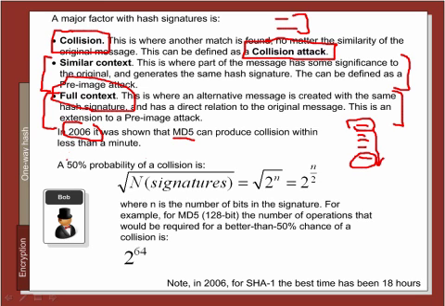The calculation for a 50% probability of a collision is the square root of the total number of signatures, so in the end it comes to 2 to the power of n over 2. So for a 128-bit MD5, if we store 2 to the power of 64 signatures, we'll have a better than 50% chance of a collision.